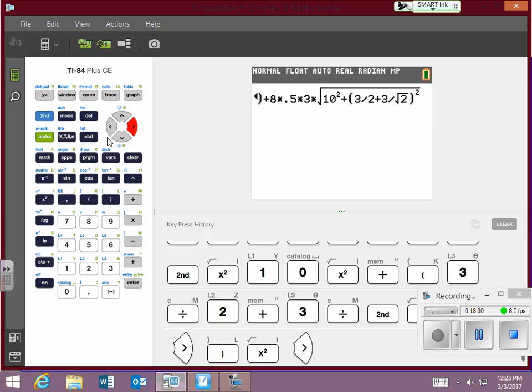Okay, let's see, I got 3 halves and then 10 squared and then 3.5 and 8. Did I get everything in there right? Did you?